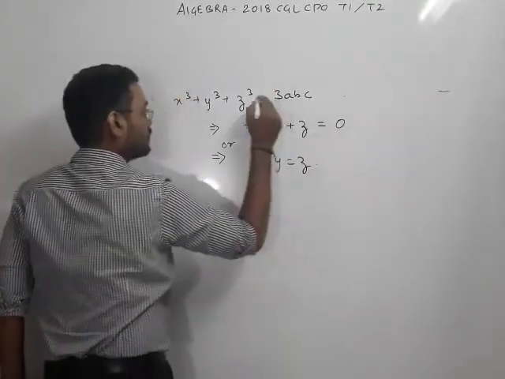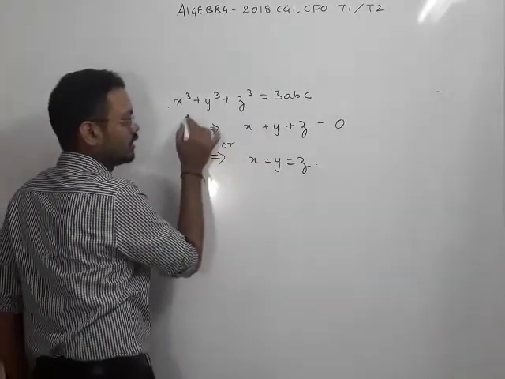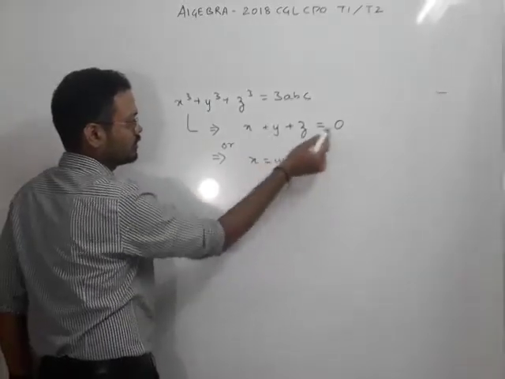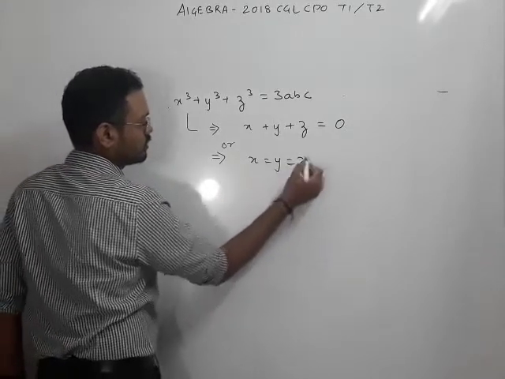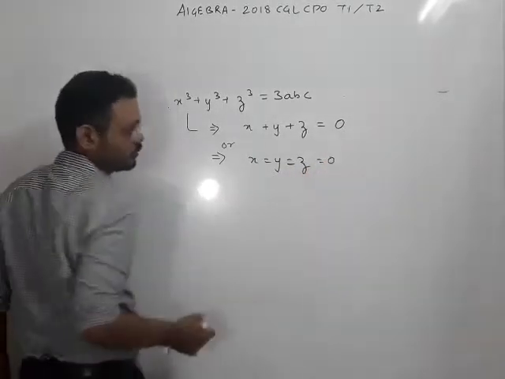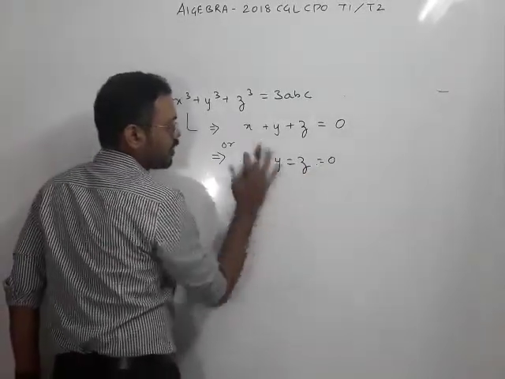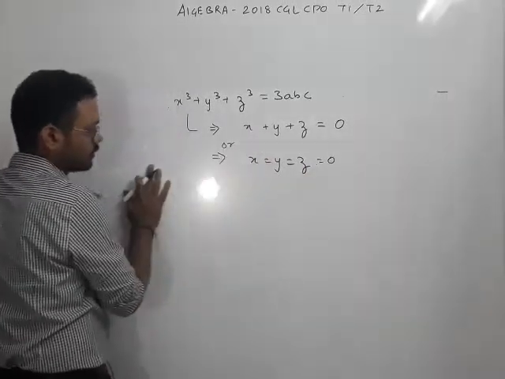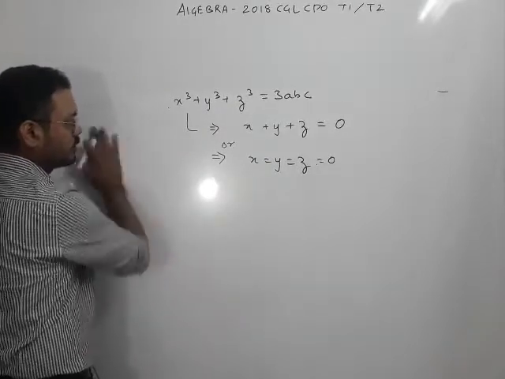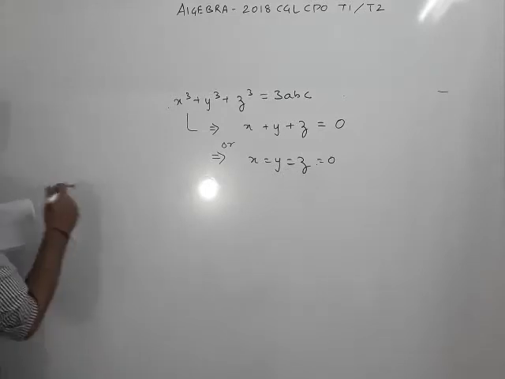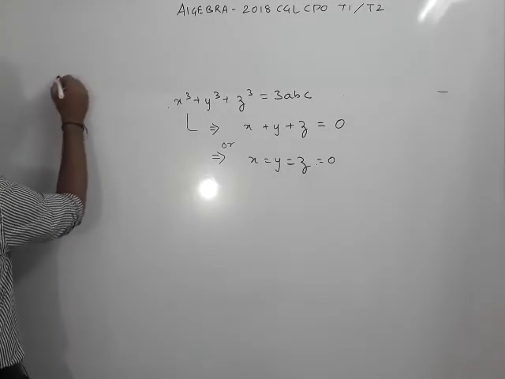But in case this itself is equal, then it means either x plus y plus z is 0, or x is equal to y is equal to z. So only these two conditions are possible. Remember this, and our next sum is based on this logic. Question says, this is question number 29.